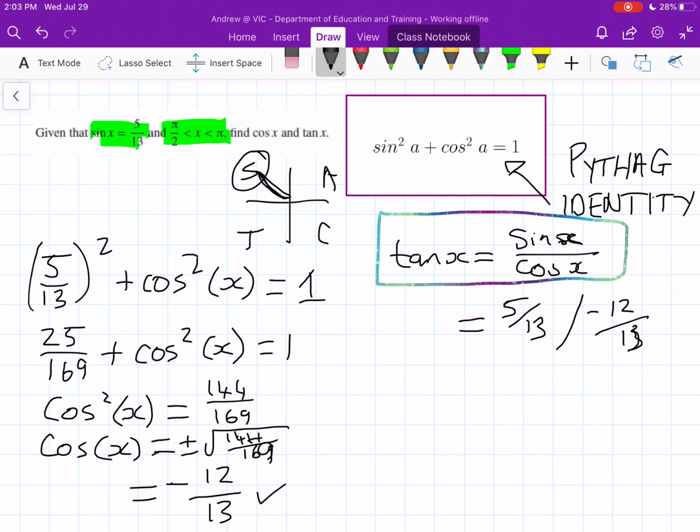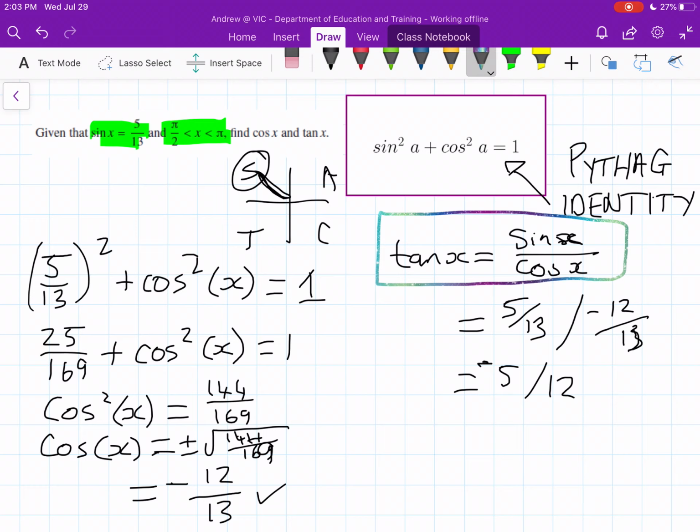When you're dividing two fractions, because the denominators are the same, they cancel out. So this leaves us with negative 5 on 12. Just remember to check that it's always a negative because only sine is positive in that quadrant.